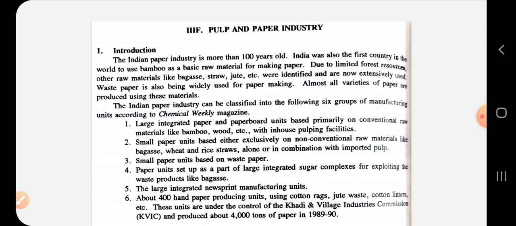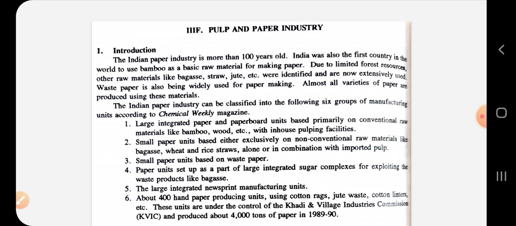Fourth is the paper unit set up as a part of large integrated sugar complexes for exploiting the waste products like bagasse. So these type of industries are the secondary industries of sugar industries. If a sugar industry is producing a lot of bagasse, they set up a secondary plant for making use of that bagasse and manufacture paper out of that.